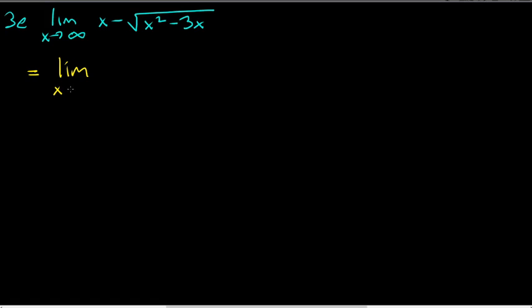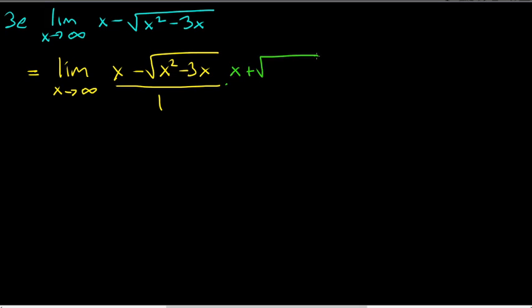Okay, so x is going to infinity here, and this is x minus the square root of x squared minus 3x, right? So the trick, and again, it's in the homework, is to multiply numerator and denominator by the conjugate, x plus the square root of x squared minus 3x over itself.